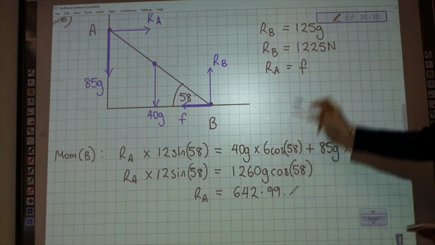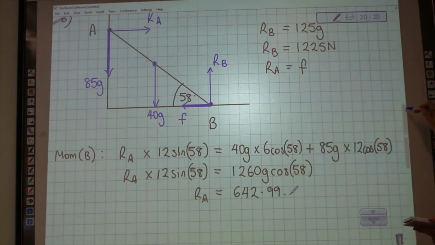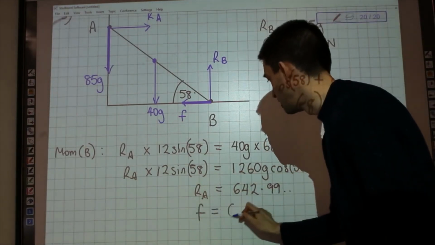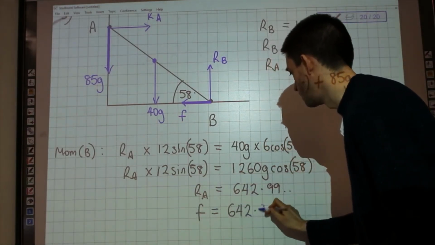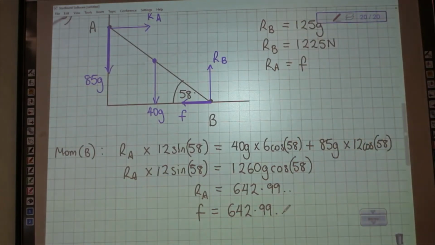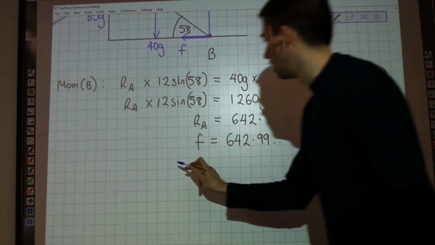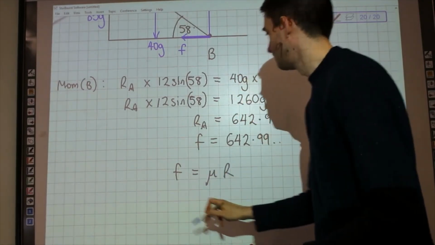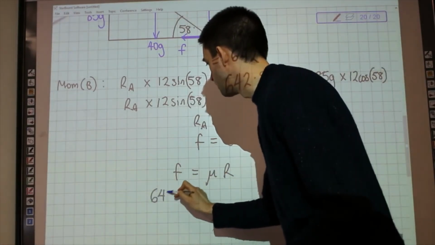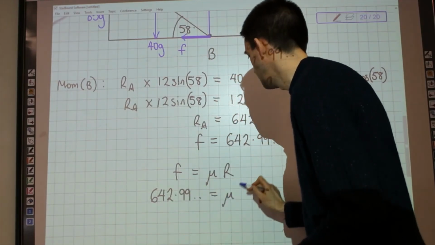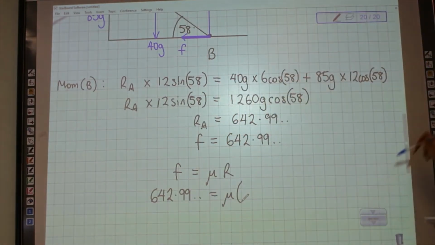And I know that the reaction at A is equal to the force of friction. So I can now say that friction is also 642.99. Now the question was asking me for the coefficient of friction, so at this stage I'm going to need to use that maximum friction is equal to mu times R. I've got my maximum friction to be 642.99 equals mu times by the reaction.